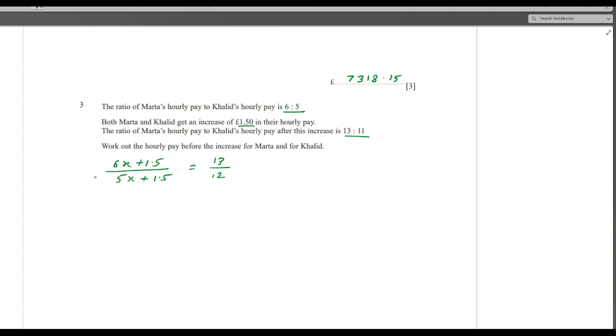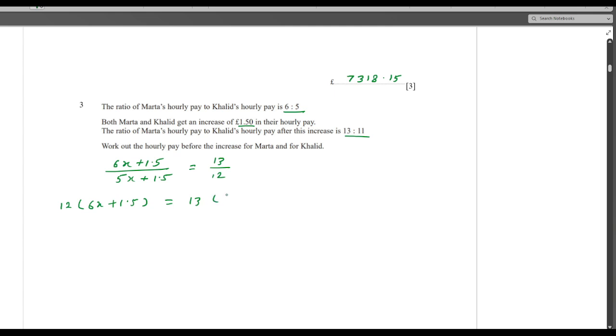So here we will cross multiply. So it is 11 times 6x plus 1.5 is equal to 13 times 5x plus 1.5. 11 times 6 is 66 and 13 times 5 is 65.